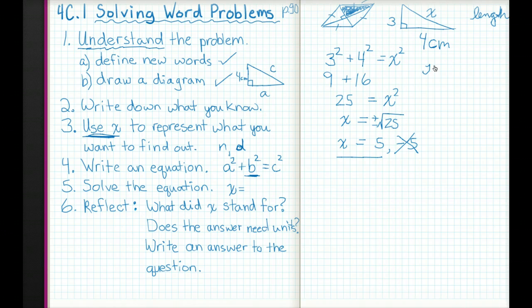So the length of the rhombus is 5 centimeters. And that's my final answer.